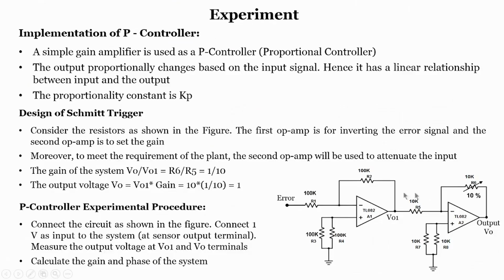So please understand that the use of the signal conditioning circuit at this point is to attenuate, not only to provide the proper input signal to the system, it should also provide the same phase input signal to the system. If you apply the negative of the same value, it is of no use.